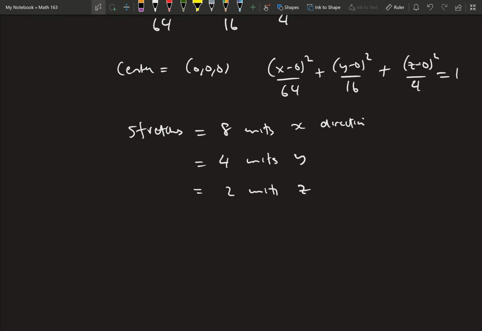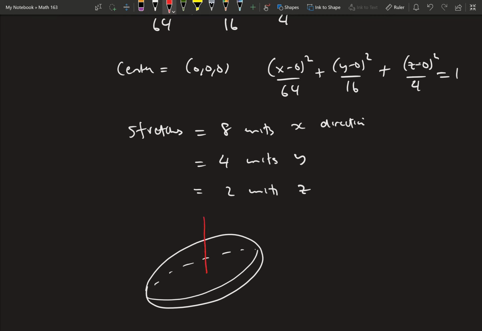So let me first draw the ellipsoid overall, and then I'll label the points. So what we're going to have is something like this, where our axes are given something like this. So this is the y, this is our x. So this point right here, for example, would be the point (8, 0, 0).